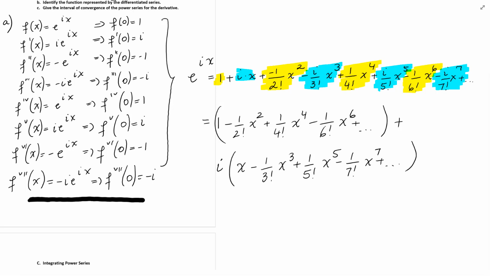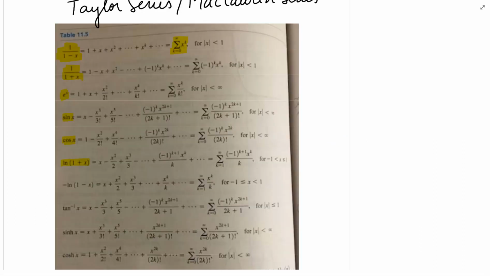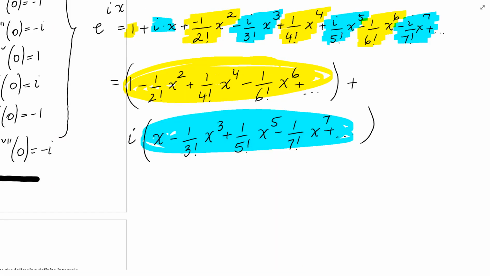Now, if we think a little bit of these, just keep them in mind, look over them for a bit, look over this one as well, and now let's skip to the tables and let's see if we identify them. So do you notice how these terms here with x cubed over 3 factorial, x to the fifth over 5 factorial and so on, is sine of x, while this one with the x to the second and x to the fourth and the 1 is cosine of x.